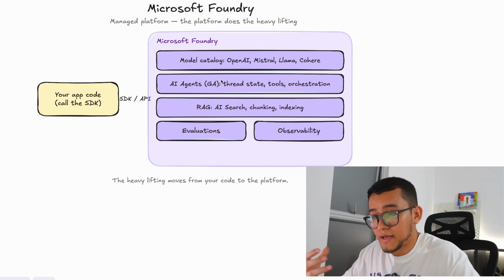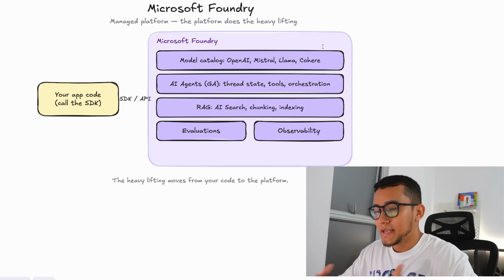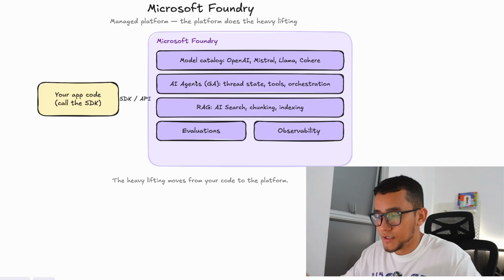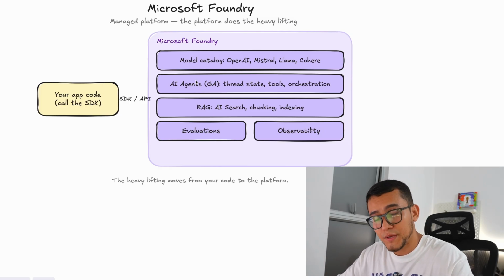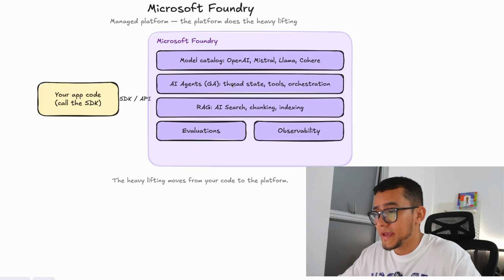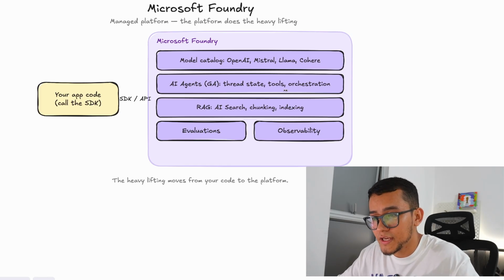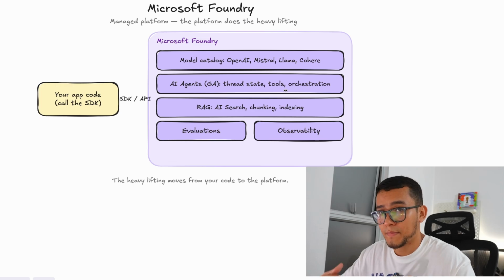It's in general availability in Foundry projects. And this is not the same as the hub-based preview that we had before. On Foundry, we get managed thread states. We can have tools execution, file search, function calling, and so on. All of it is managed by the platform, not by your application code.